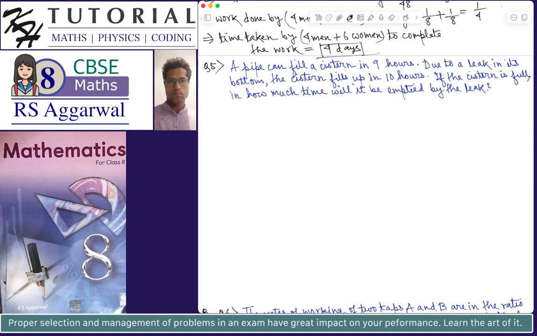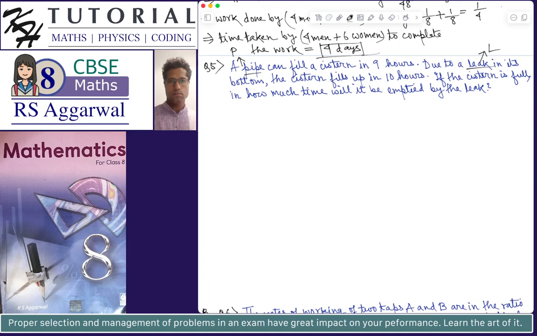So let the pipe be denoted as P, and let the leak be denoted as the letter L. P is the pipe and L is the leak, and P will do positive work and L will do negative work.